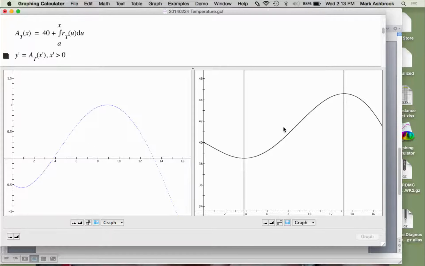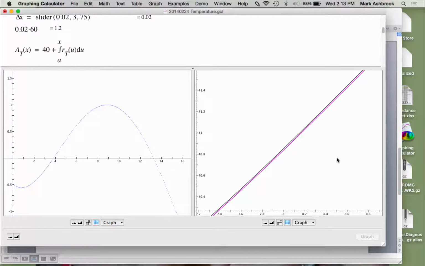Let's zoom in right here and see how we did. Pretty dang close. This is 0.2 degrees, so it's in the hundredths of degrees off.